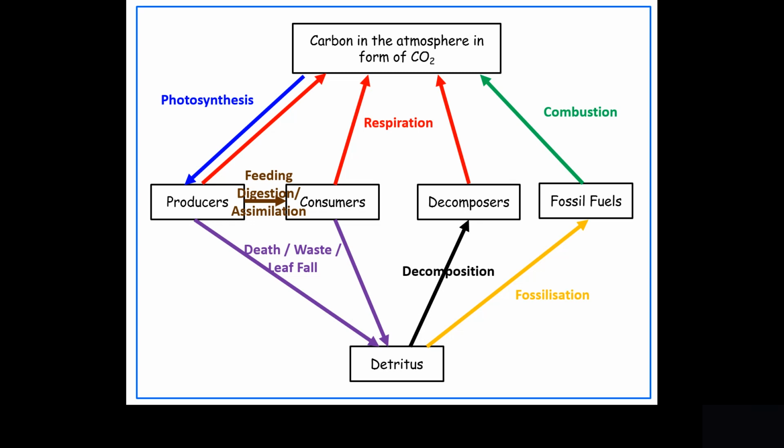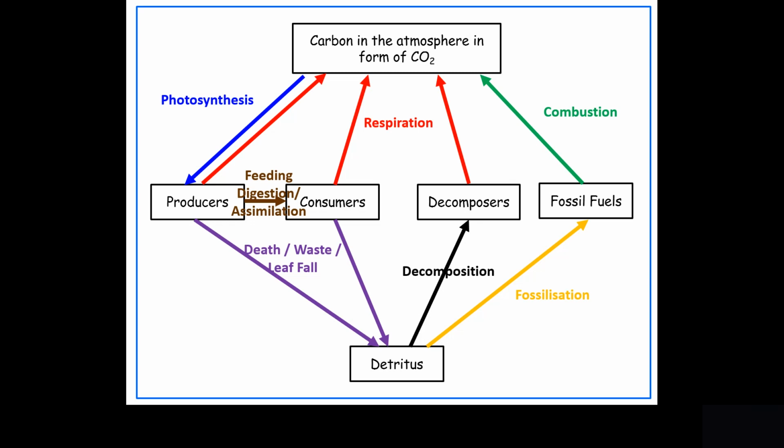So as you can see here, we've got the red arrows representing respiration, which is the opposite of photosynthesis. All living organisms respire, and that is the conversion of the glucose and the oxygen back into carbon dioxide and water. So as a producer, they can take in carbon dioxide through diffusion from the atmosphere, and they can also release the carbon dioxide that they then produce in respiration back. So you have a little mini cycle just there already. Okay.